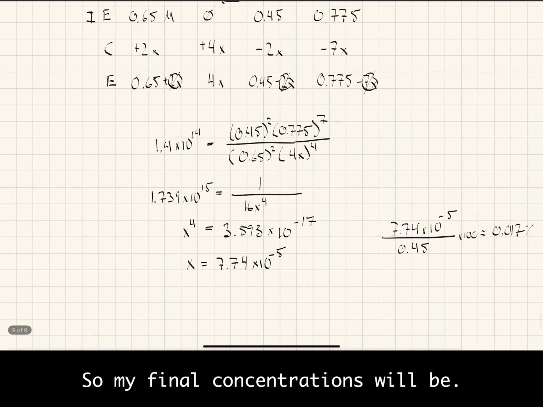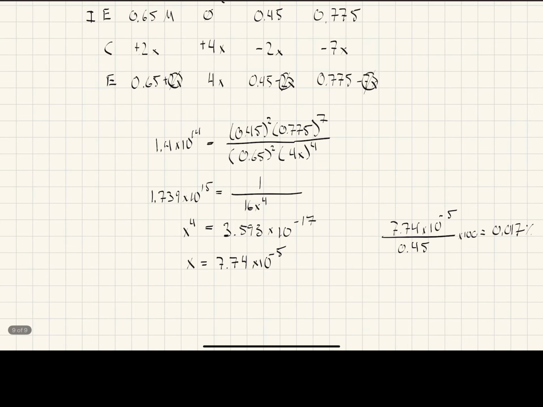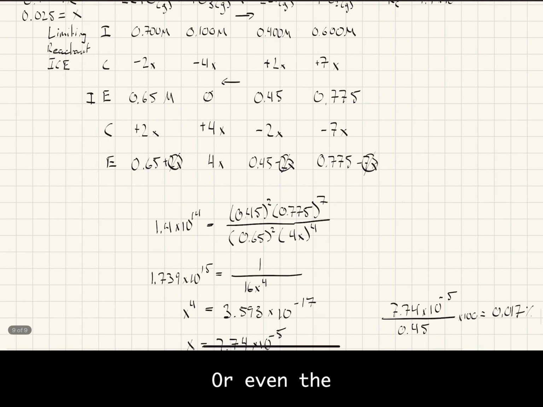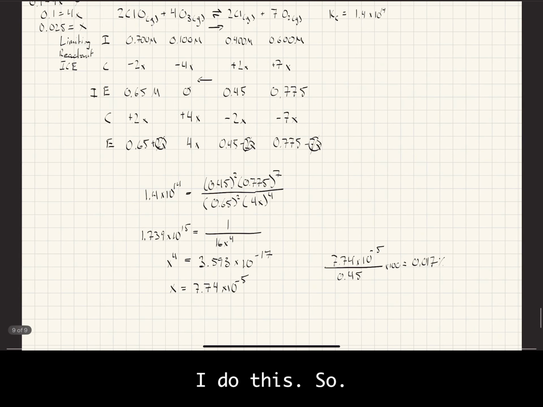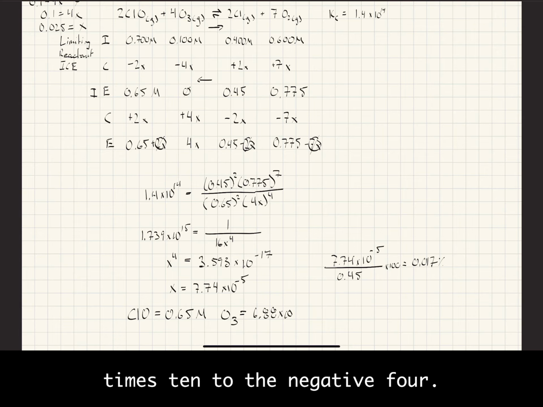So my final concentrations will be, or even the, do this. ClO. Oh, wait, it's 6.8 times 10 to the negative 4.